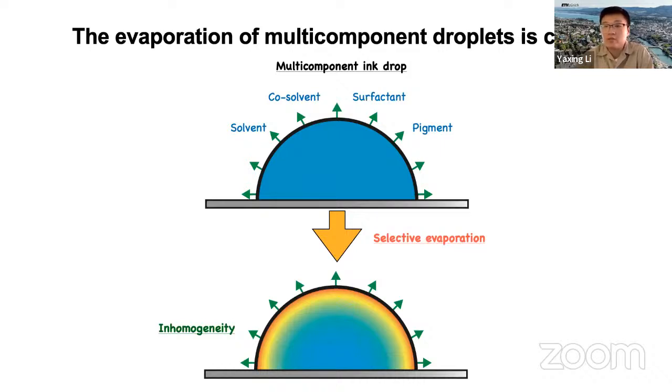Because they evaporate with different speed, no matter how well you mix them at the beginning, when they start evaporation, always some of the components evaporate faster than the rest. And because of this selective evaporation, it's gonna lead to inhomogeneity of the components. And this inhomogeneity will cause many interesting and complex physicochemical hydrodynamics. This is why we want to study this system.